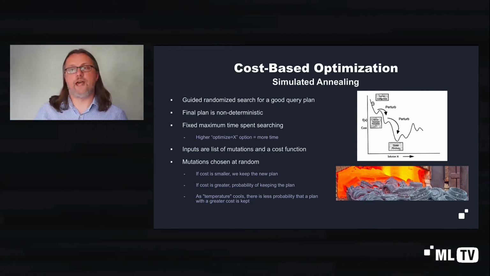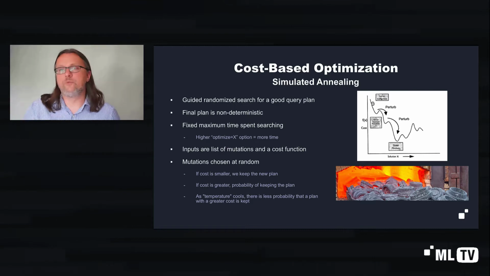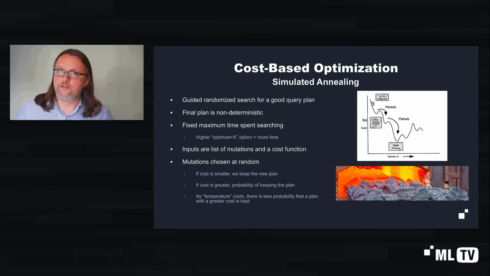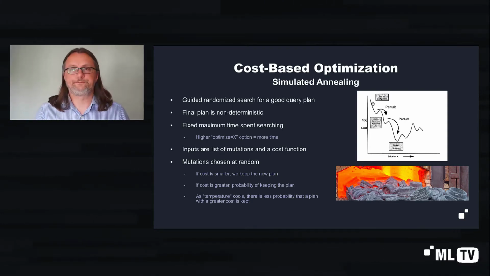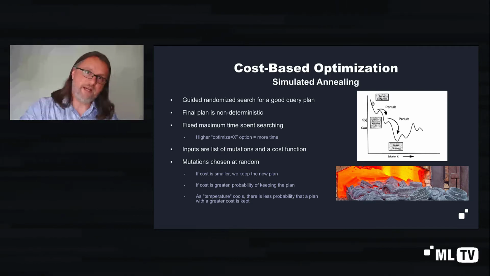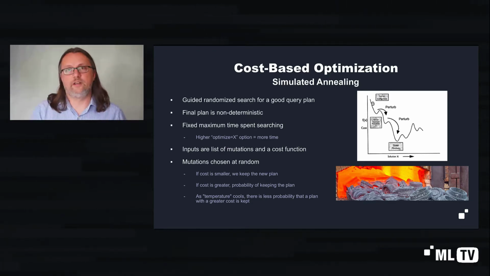The reason for that can be understood when you look at the white graph here. It's not a straight downhill slope to the best query plan. Sometimes you have to accept worse query plans as an intermediate step, a slight uphill, before you find a bigger downhill on the other side. In other words, a query plan that's a lot better.